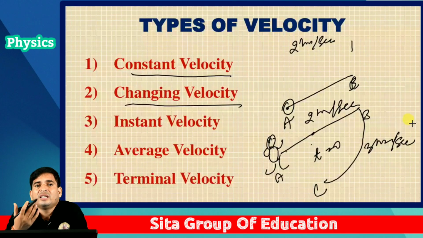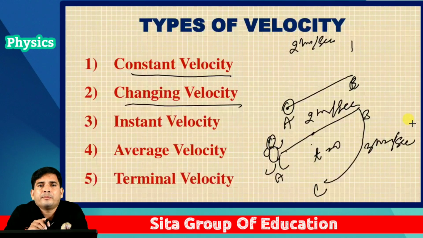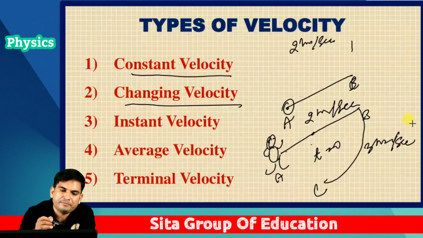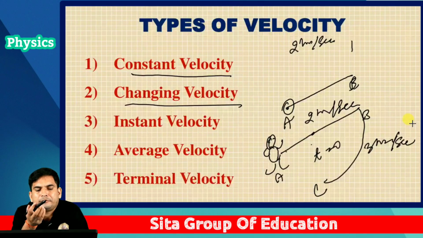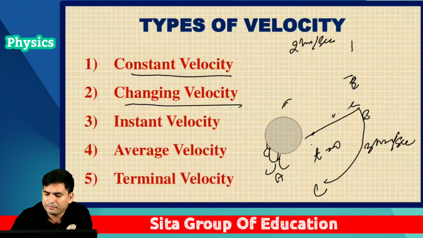It means in unit time this object is changing its velocity. Such type of velocity is called changing velocity. On a circular path you can say any object can have it.